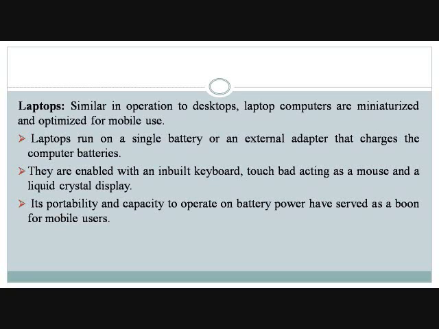Laptops run on a single battery or an external adapter that charges the computer batteries. They are enabled with an inbuilt keyboard, a touchpad acting as a mouse, and a liquid crystal display. Their portability and capacity to operate on battery power have served as a boon for mobile users.